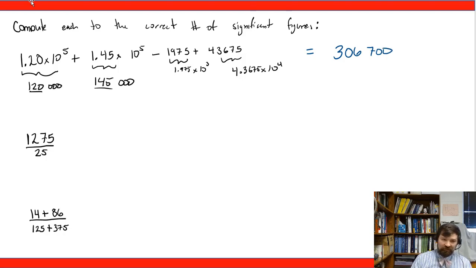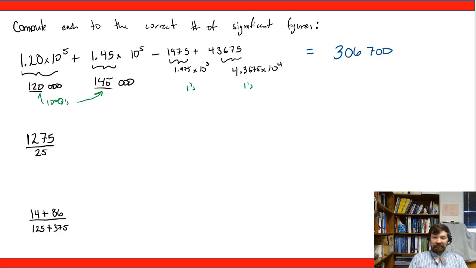And so we want to know which of these digits is significant. So we come over here and we see that this one right here is thousands place. This one also is thousands. This one is ones. This one is ones. So even though these two both have more significant figures than these two, since it's a sum, we're looking at which one has the largest last place, and the answer is these two do.